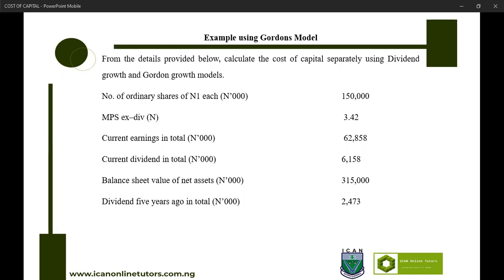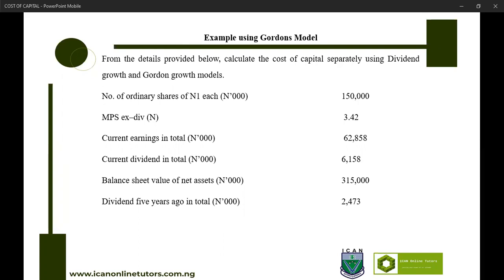We have current dividend in total, 6,158,000. Balance sheet value of net assets, 315 million. And we have dividend 5 years ago in total, 2,473,000.